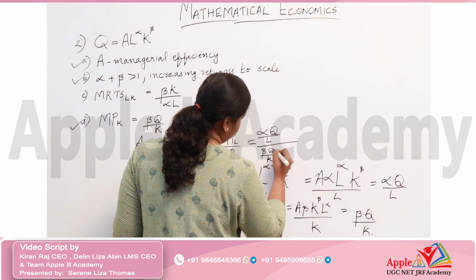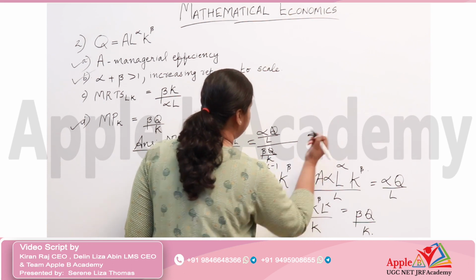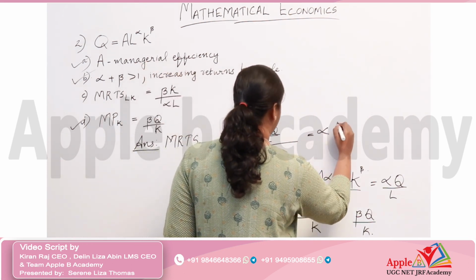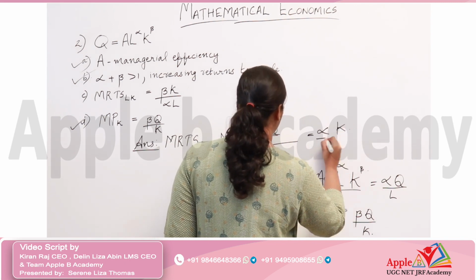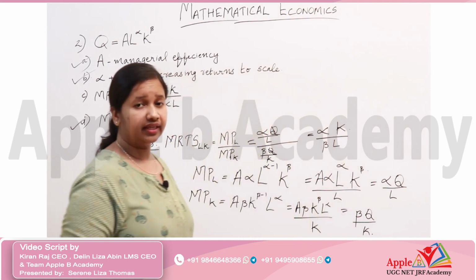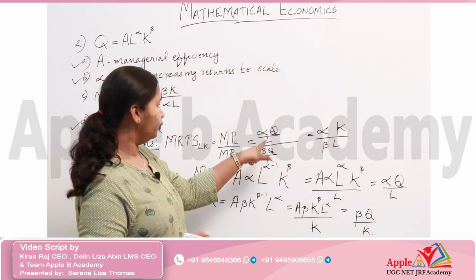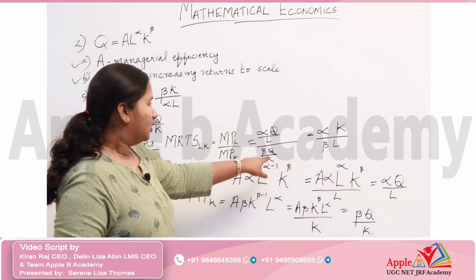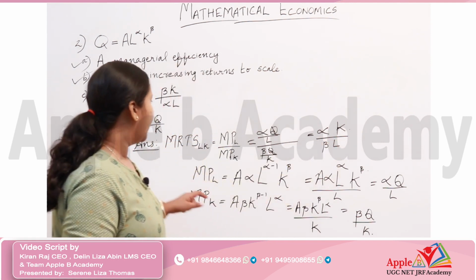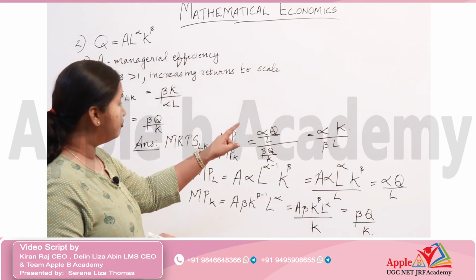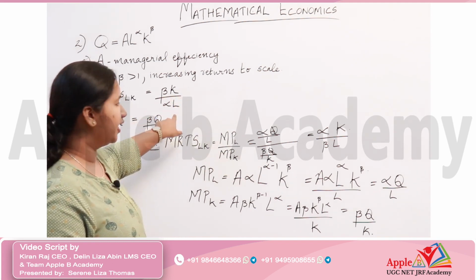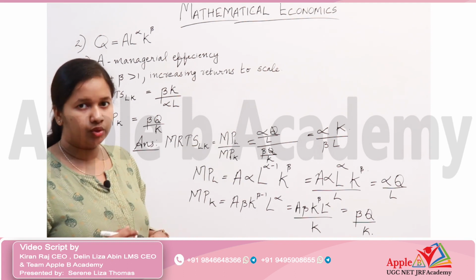Now cancelling this out, we get alpha K by beta L. See, cancelling Q and then taking the reciprocal and multiplying, we get alpha K by beta L. Look here: the answer given in the option is beta K by alpha L. So that is not true.